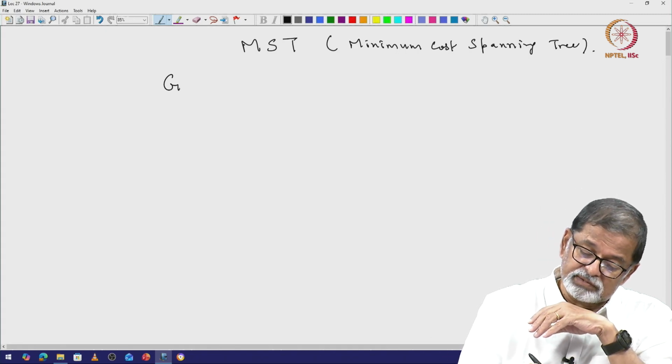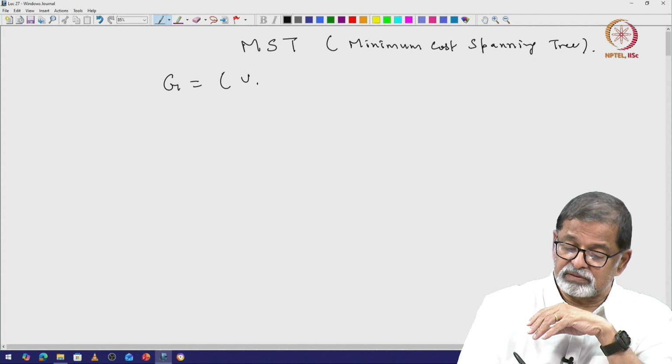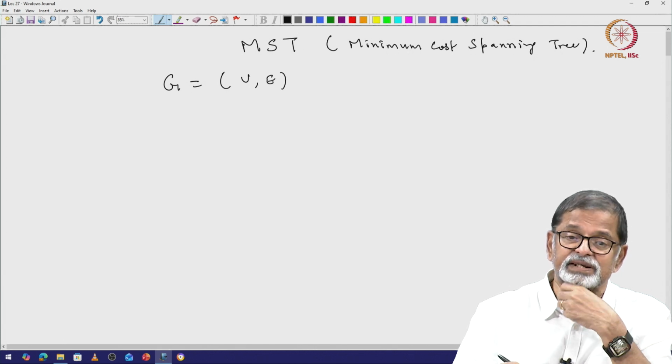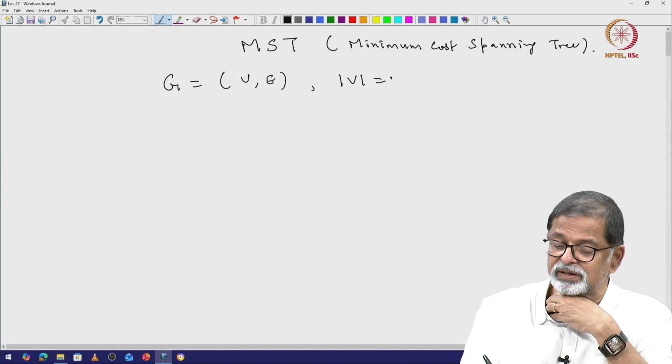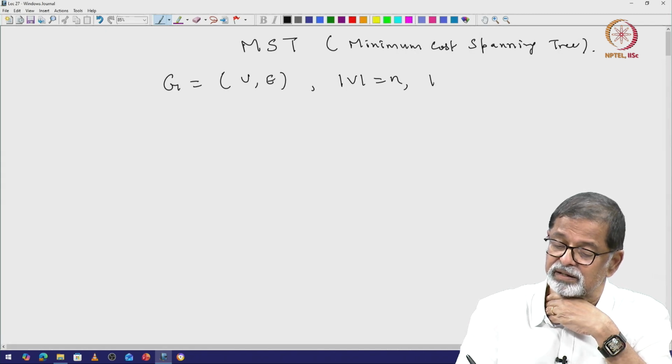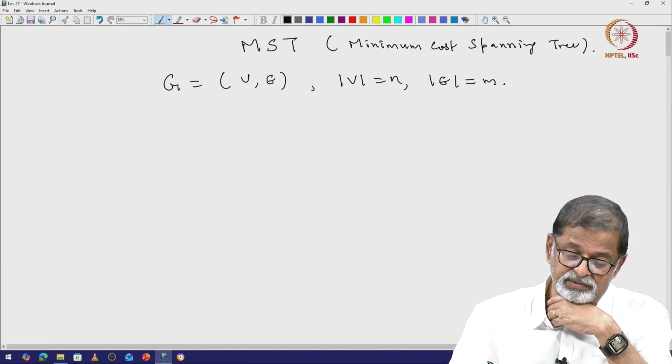So here G is a graph with vertex set V and edge set E. We assume that you have n vertices and m edges.